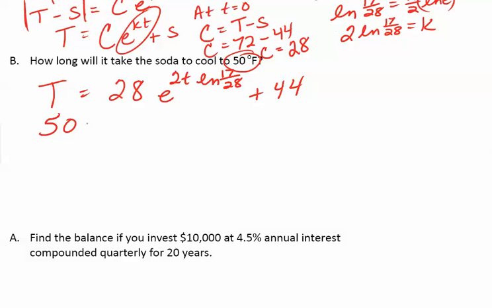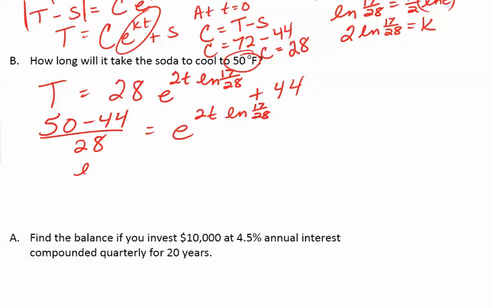So we could subtract the 44 right away, and we could divide by the 28 right away if we want to save a little writing space. So that would be 6 over 28, or of course 3 over 14 if you want to reduce that.